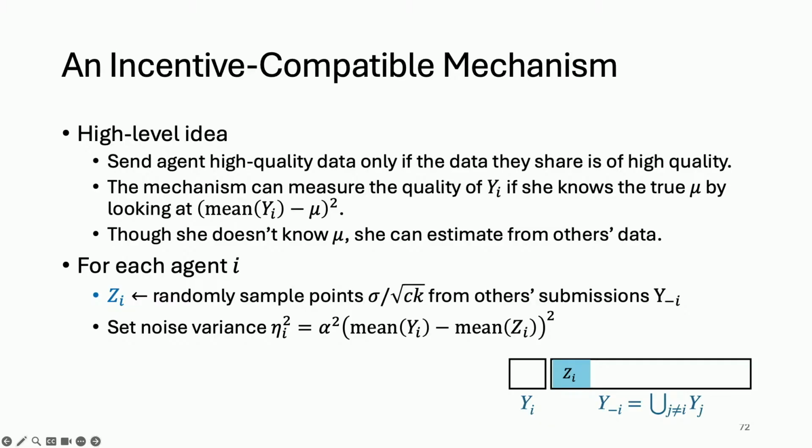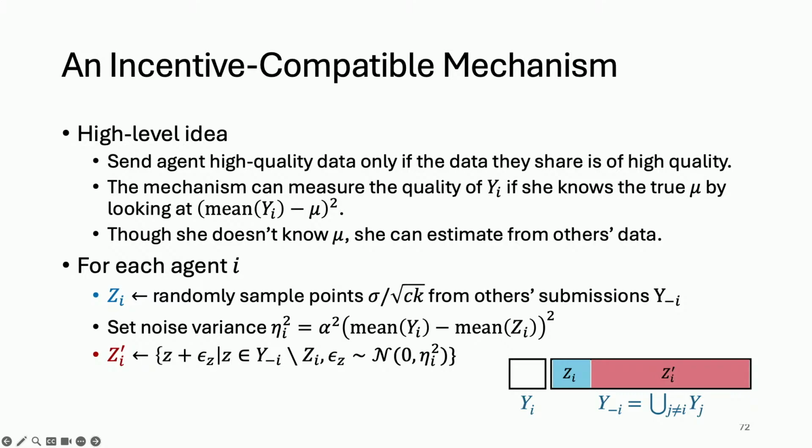And then they look at the mean of the data shared by agent i and the mean of this randomly sampled data, and set a noise variance to scale with the difference, to be the square of the difference between these two means.